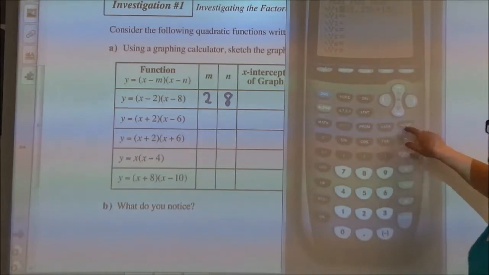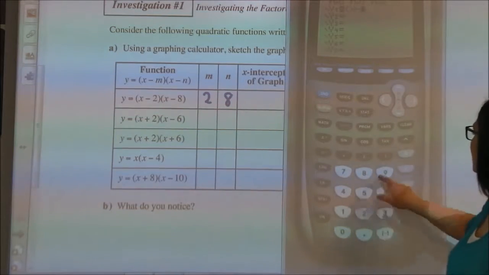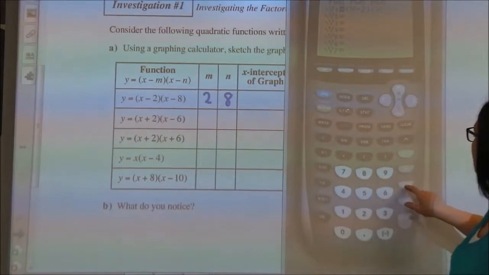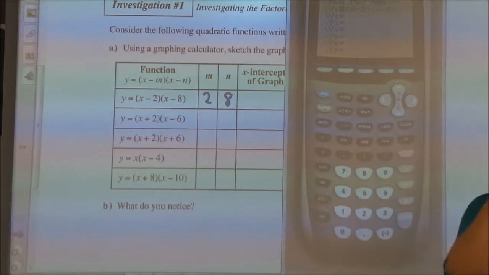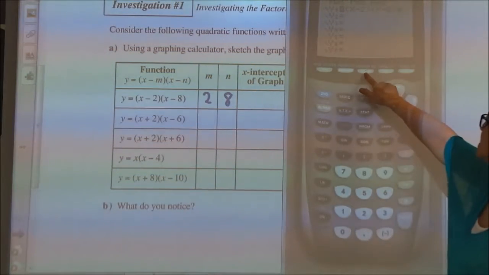So then we go to graph this. Y equals, clear whatever graph you have in there, (x minus 2)(x minus 8). You could probably try it on a standard window setting, so press zoom and standard, which is choice number 6.